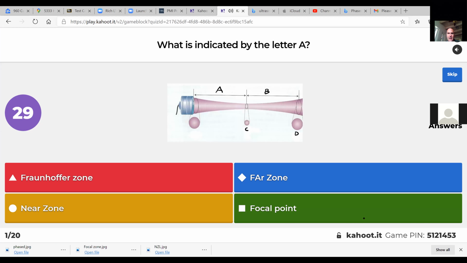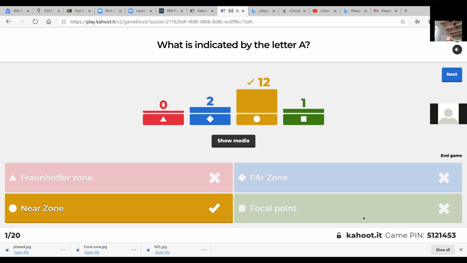What is indicated by the letter A? All right, good.